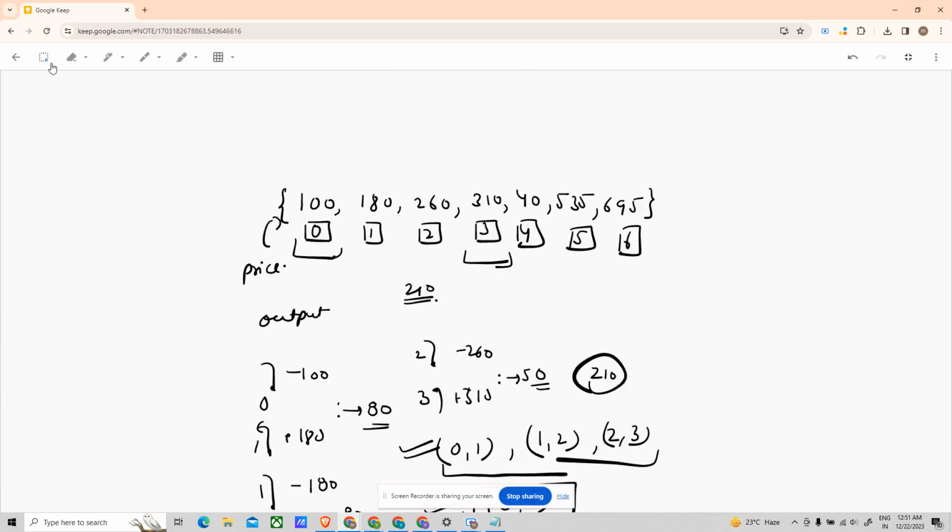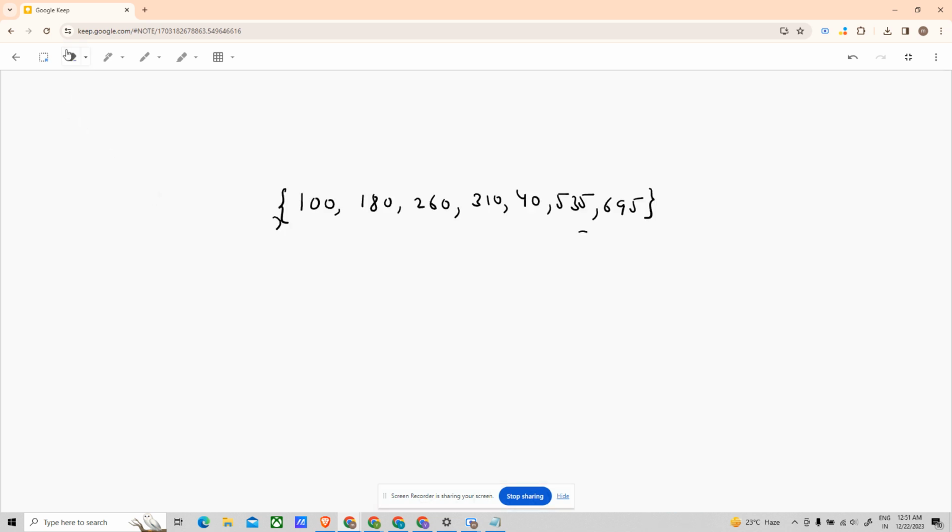Let me remove all the stuff I have written right now. So now I have got this array in hand. Let me plot it on the graph.